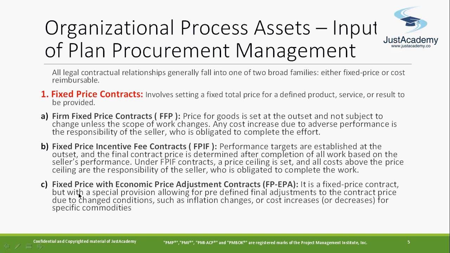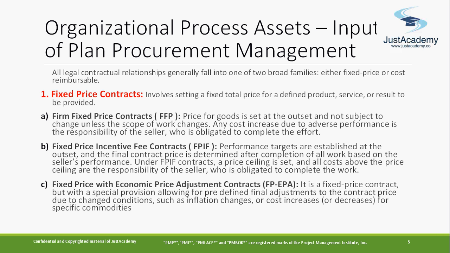Now another is a fixed price with economic price adjustment. Here a little bit of flexibility has been given. Again it is a fixed price contract, but with a special provision allowing for predetermined final adjustments to the contract price.